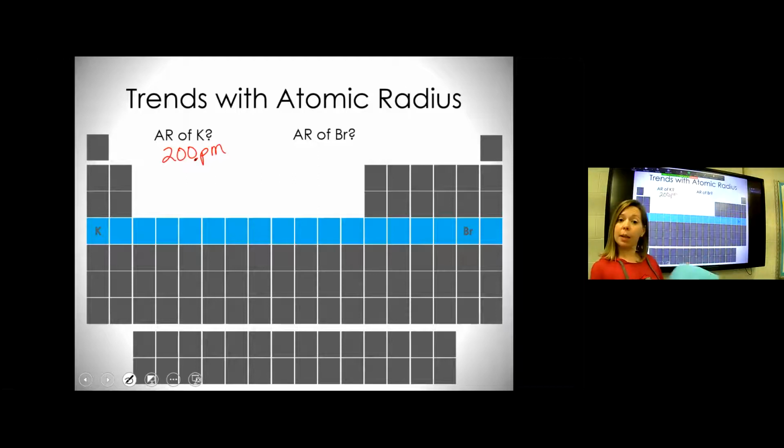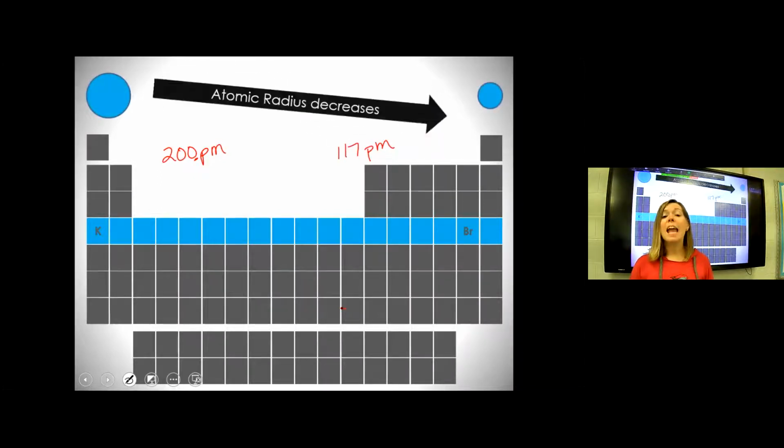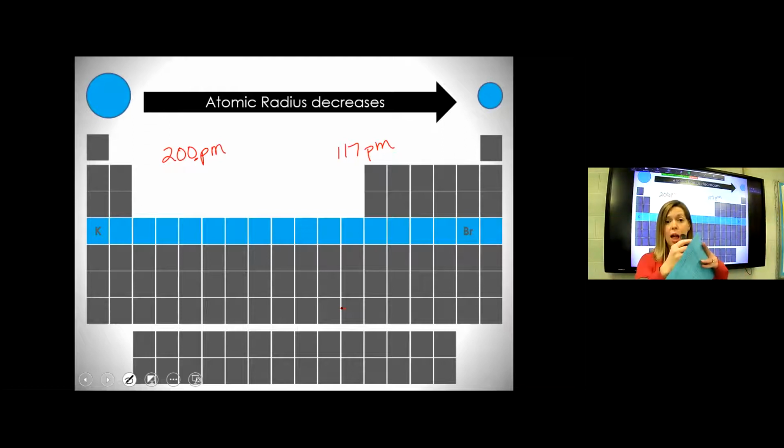Bromine, atomic number 35, has a radius of 117 picometers. So we see that as you move across, the radius decreases. As we move across the periodic table, within a given period, the atoms actually get smaller in size.